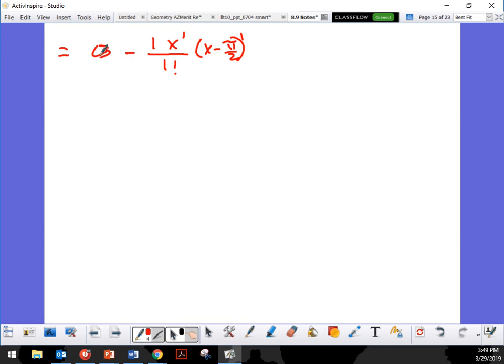So now next one is going to be 0 plus 0 x squared over 2 factorial, and it's going to be x minus pi over 2 squared. Then we have, actually, hold on.